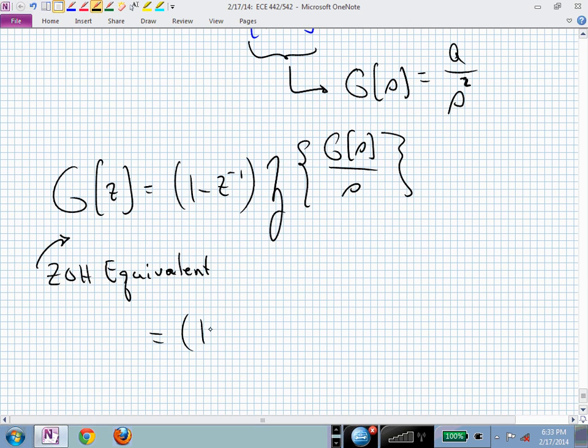We now have 1 minus z inverse. And what was capital G of s? That was a over s squared. Now we need to Z transform a over s cubed. So what are we doing now? Now we need to inverse Laplace transform a over s cubed and sample it, and then Z transform those samples.